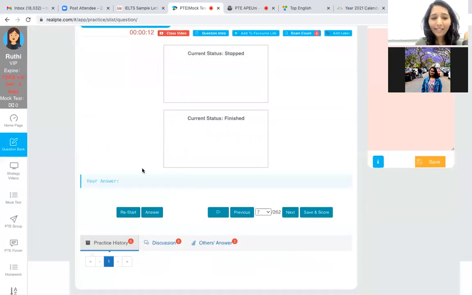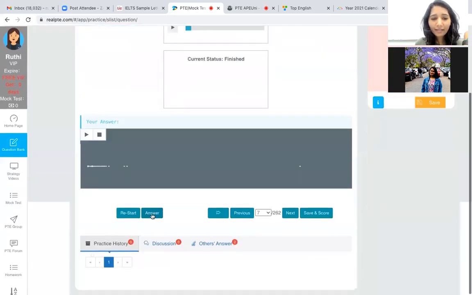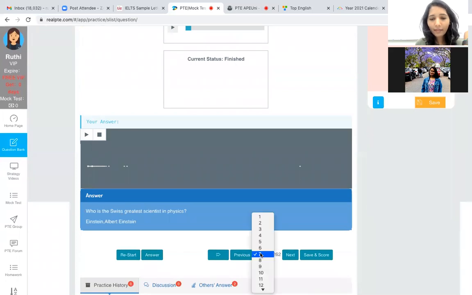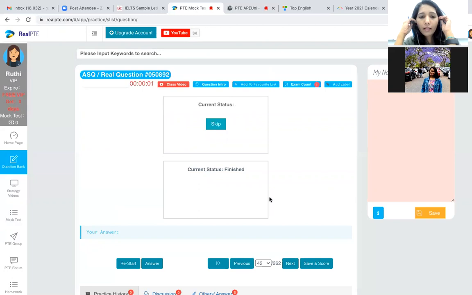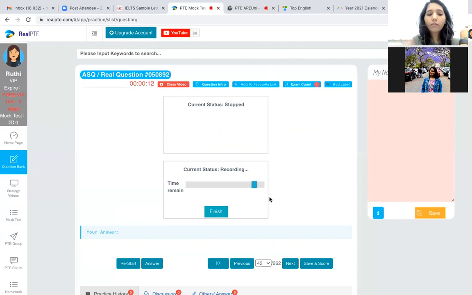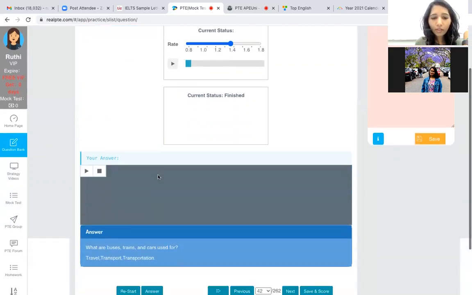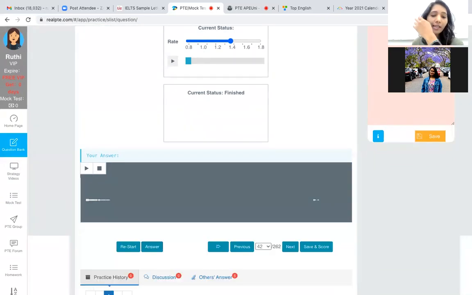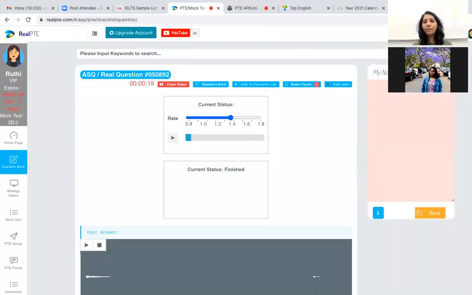Albert Einstein is correct. Okay. I think we've done this. Okay, just a random one. What are buses, trains, and cars used for? Transport. Transport, travel, transportation, transport, travel. All these can be correct. Okay, last one.